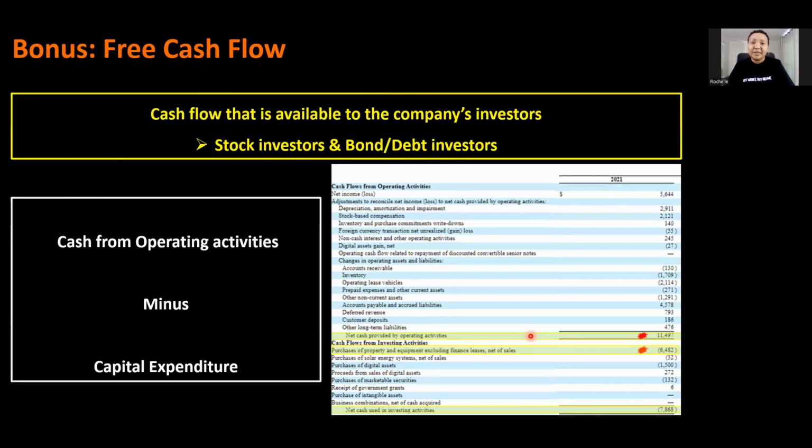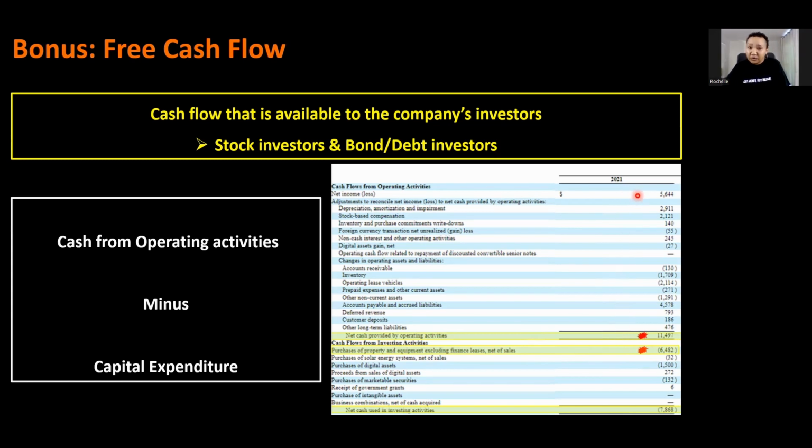So if a company's operations make money, that is the biggest thing that you want: the business must make cash. So more cash must come into the business than goes out of the business. Now let's look at Tesla. Tesla, the business itself makes 11 billion in cash.